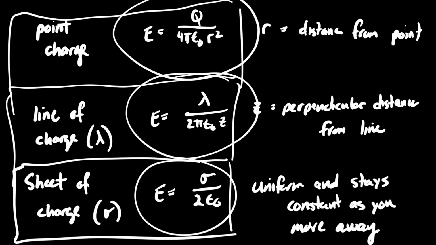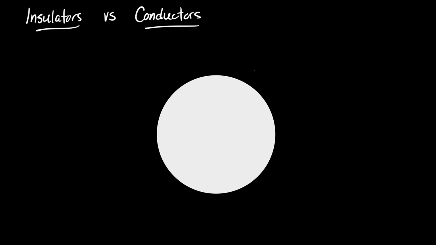All right. To look at some other situations, and we won't get through all of it today. We'll get through a lot, but what we really want to talk about is insulators versus conductors when it comes to charge distributions.